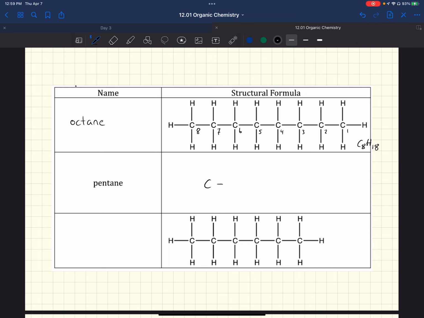and then pentane is going to have 5 carbons, and I'll fill in hydrogen all over. Okay, and that will be C5H12.